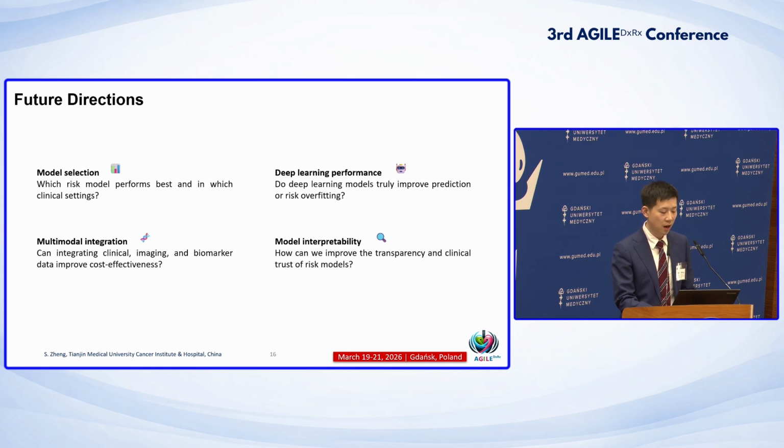But when we integrate imaging screening and molecular biomarkers together, can they still improve the cost effectiveness? And what's the role of the molecular biomarker, and should it be in front of the screening or behind the screening?